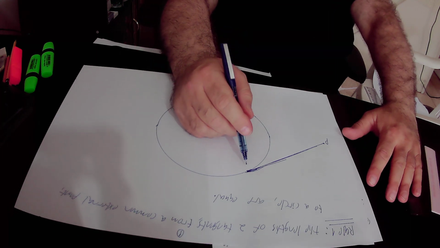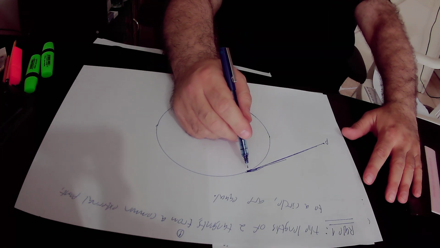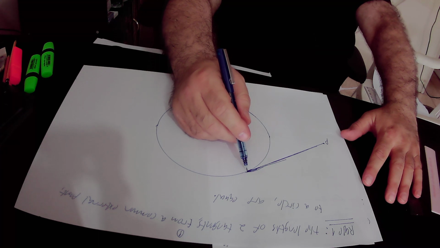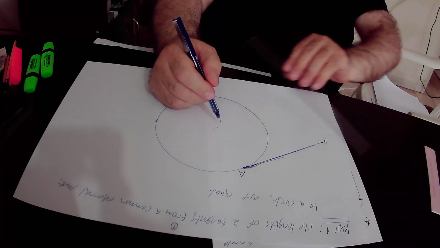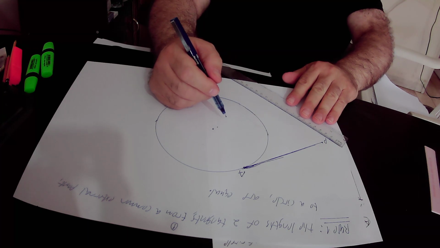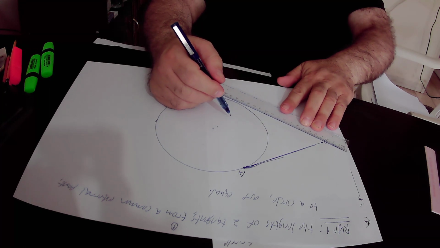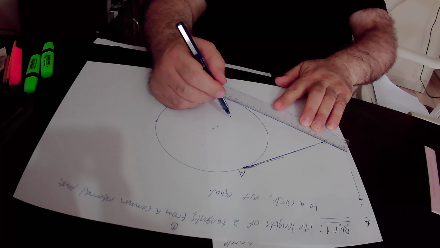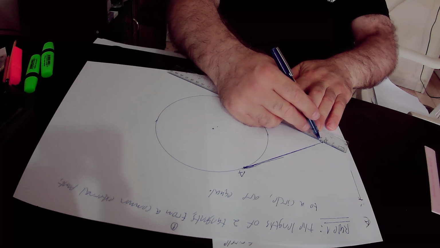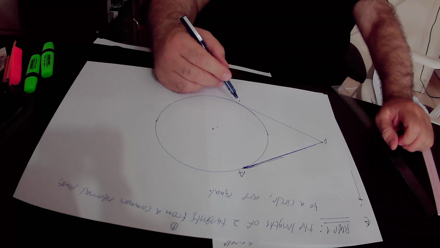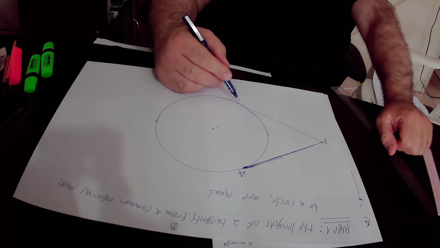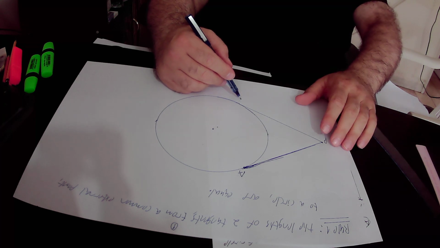We'll define the touching point of the first tangent with this circle as point A, and we'll also draw a second tangent to this circle. This is the second tangent. We'll define the touching point of the second tangent with this circle as point B, the point of tangency.